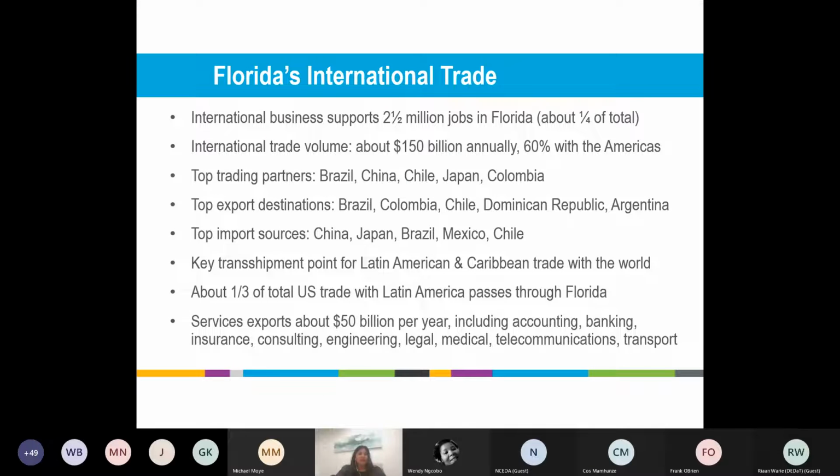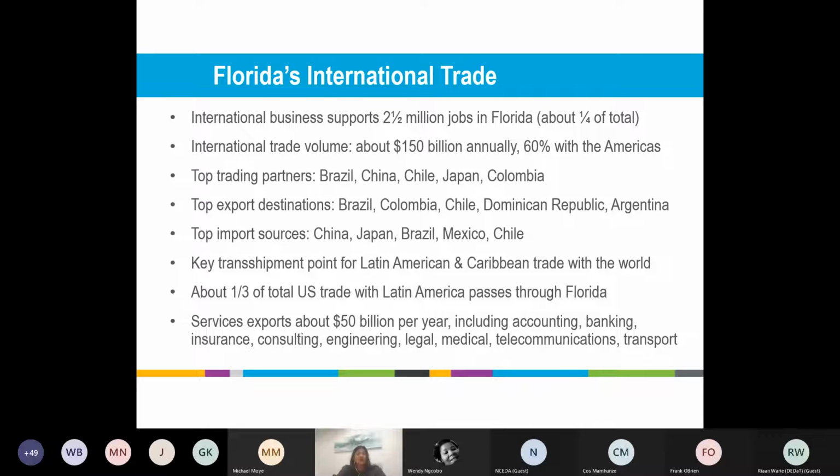Just a few points to touch on with this slide. Florida's international trade supports over 2.5 million jobs, and its top import markets include China, Japan, Colombia, Mexico, Costa Rica, Brazil, Chile, Honduras, France, and the Dominican Republic.